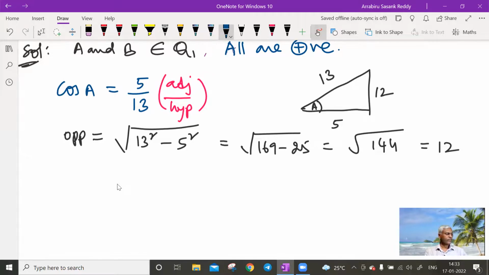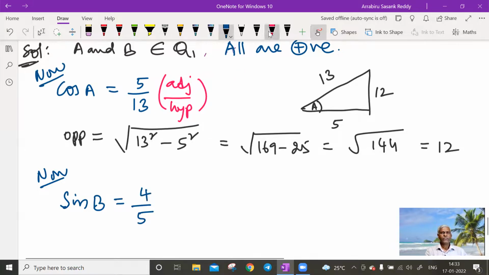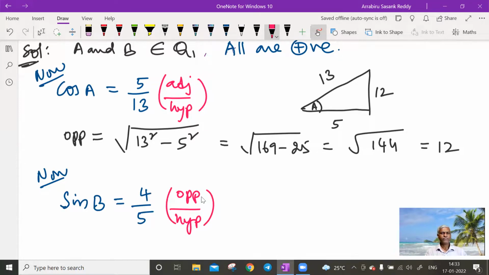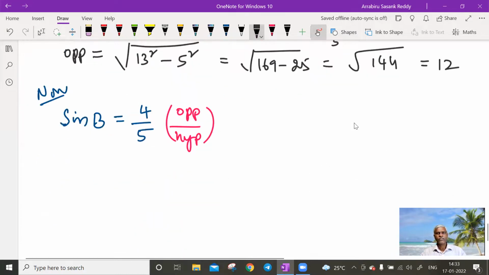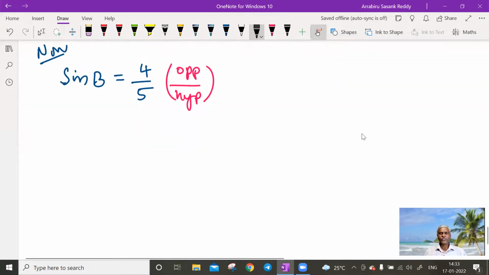This is angle A. Now let us take up sin B, given as 4/5. The sin ratio is opposite side by hypotenuse. If you take a right triangle, both are in the first quadrant.